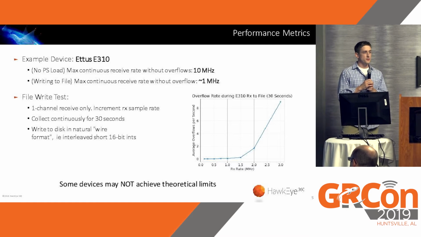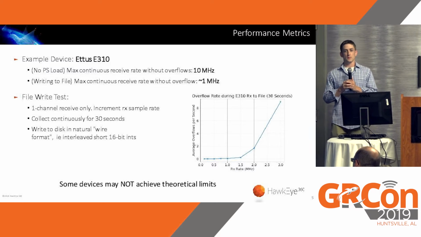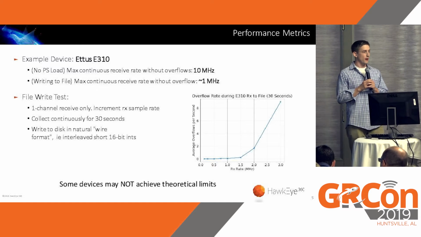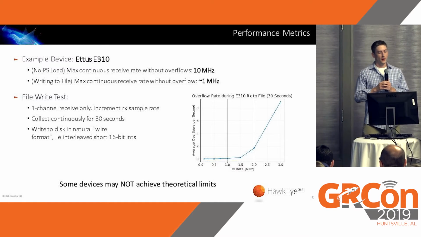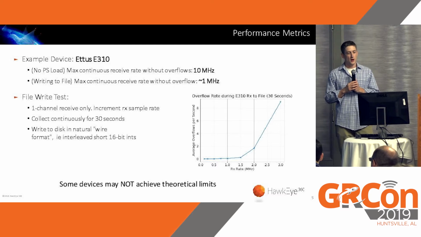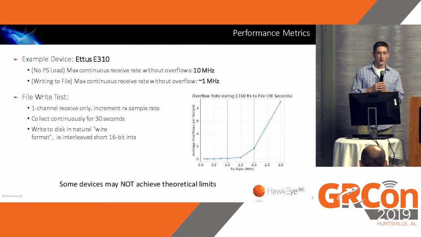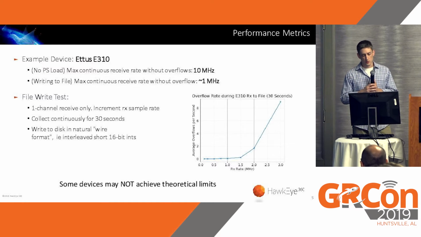If you just transfer the data from the FPGA to the processor, with a benchmark rate application, or you put it into GNU Radio with a null sink, so it shouldn't be doing any file I/O on the storage side, I was able to get about 10 megahertz receive only without overflows, which definitely limits the amount of data you could put into the processor. But if you are trying to write to file, the best I could find was about 1 megahertz on a good day. And this is where I was testing for 30 seconds at a time and 16-bit shorts.